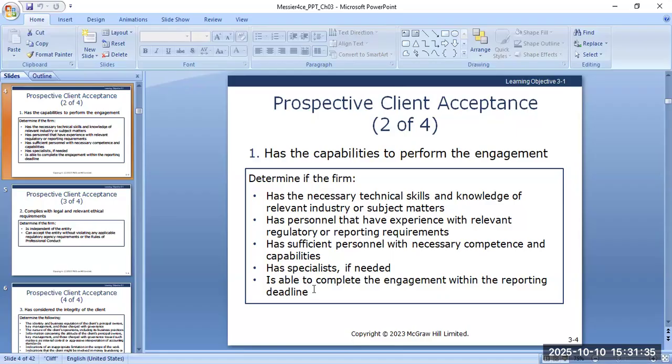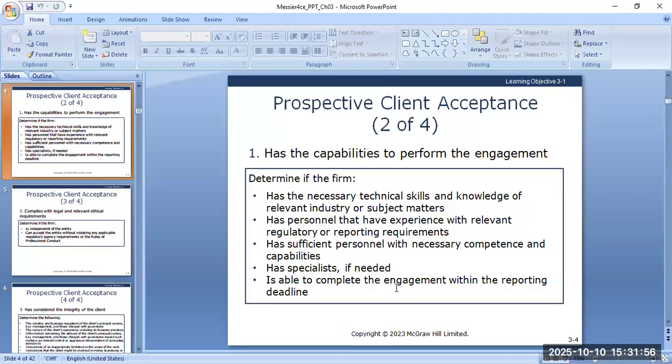And the last one is, are we able to complete the engagement within the reporting deadline? Again, for the audit, people are sensitive in terms of the time frame, and they want the audit reports to be done within a specific period of time.